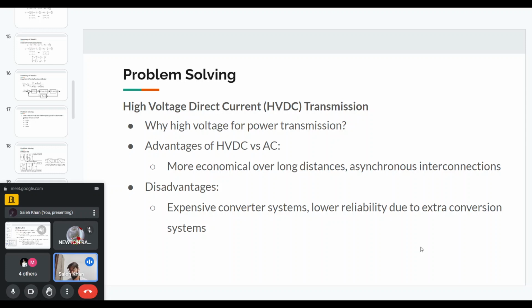So these are some of the advantages. The disadvantage is that we require converter systems at the transmitter as well as the receiver side. Because of these extra converters, the reliability of the system is less, because now we have more parts, more switches, and any of them can fail.